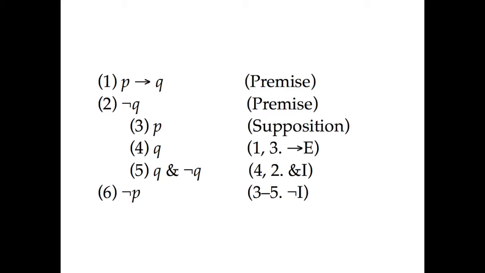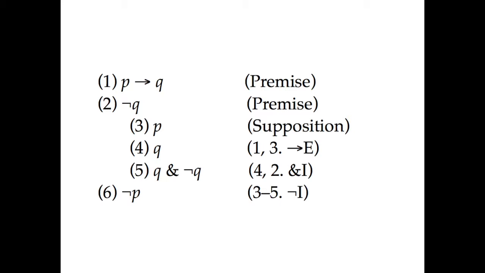And now, everything else that we use statement 3 to prove, we're also going to indent. We're going to keep it lined up under statement 3 to remind us that it's not really something we've proven. It's just something that would be true, supposing that statement 3 were true. So statement 3 is a supposition.